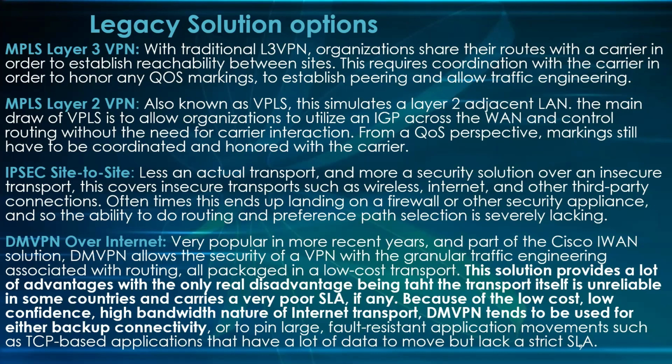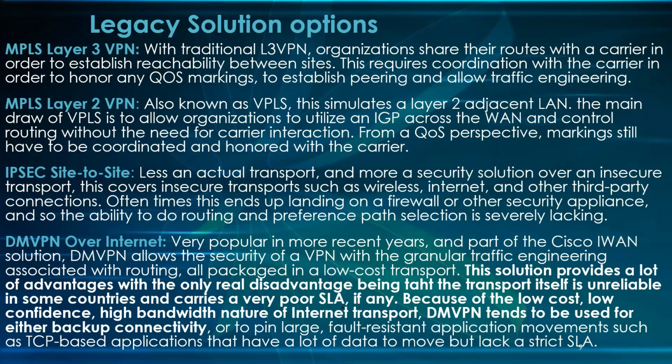DMVPN, DMVPN over the internet, is very popular in more recent cases. This solution provides a lot of advantages, with the only real disadvantage being that the transport itself is unreliable in some countries and carries a very poor SLA. So this solution, DMVPN, works only on the internet so far, right? Now, what does that mean?